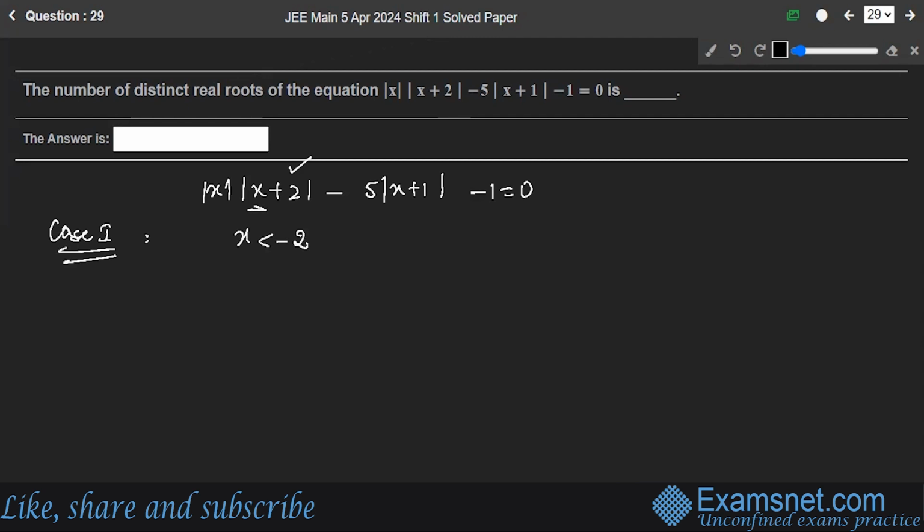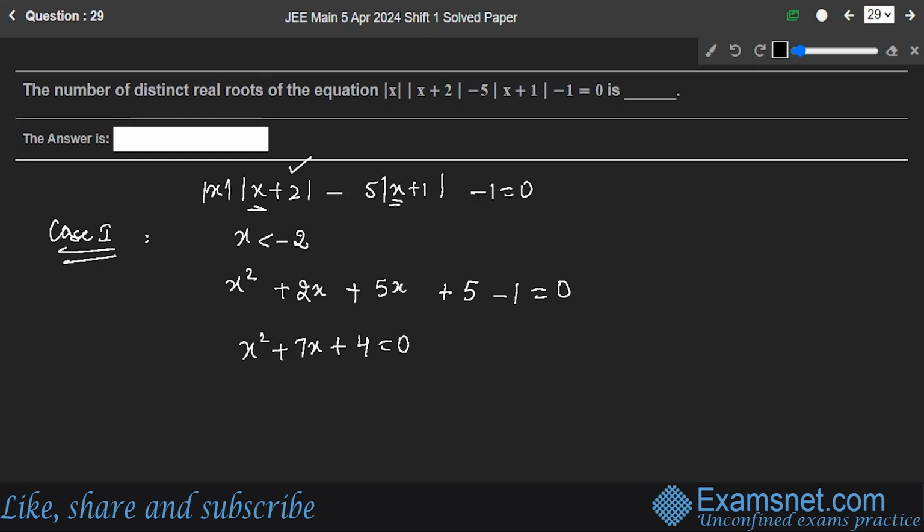In this case, when x is less than minus 2, this will give me a positive x square plus 2x. Because this is less than minus 2, this will be plus 5x plus 5 minus 1 is equal to 0. And it will be x square plus 7x plus 4 is equal to 0.